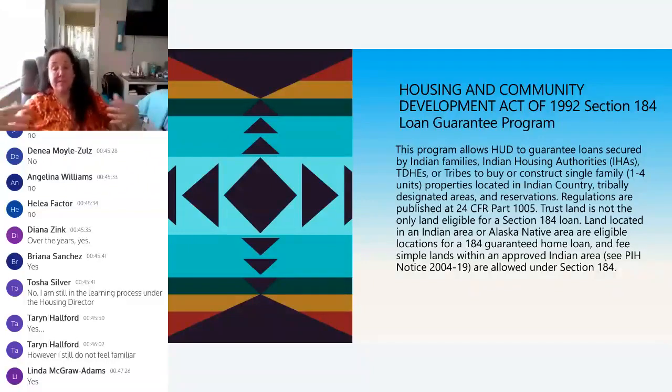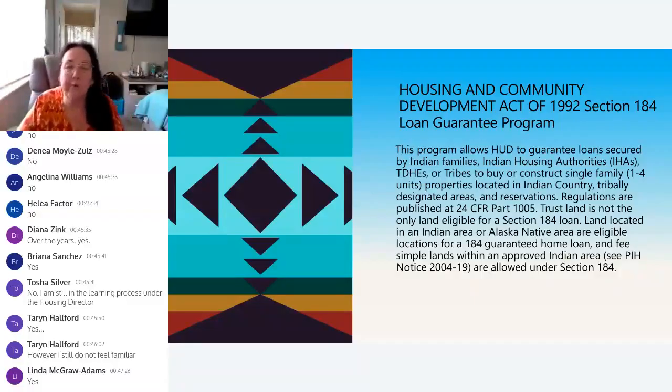Simple lands within an approved Indian area, trust lands, sometimes that's the only way that you can get a product on your reservations. When I was young, I could get a loan for a car all day long. If I wanted one for a tenth of the amount for a mobile home or whatever, they wouldn't touch you because of that fear on trust land.